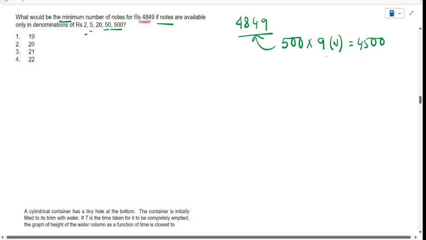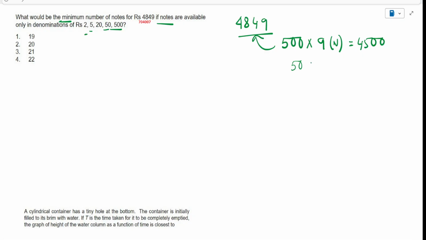Now we have to go as near as possible to 4849. If we choose 6 notes of 50, then this is 300. Since this is 49, we can't go with the notes of 50. Then the 100 notes, up to this the sum is 4800. Then 20 into 2 notes gives us 40, so this is 4840.